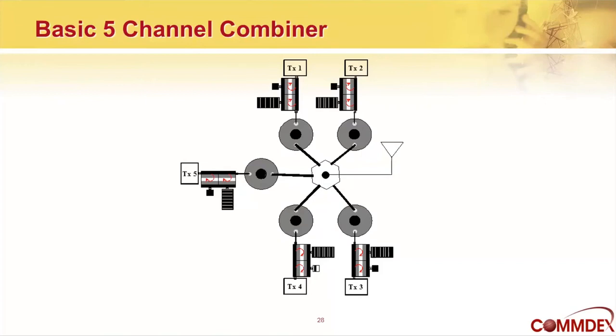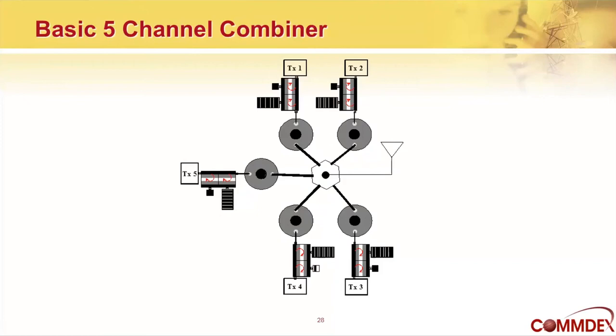If you go around the circle, we've got 5 transmitters. Each one has a dual stage isolator between the transmitter and a cavity. The purpose of the isolator, remember, is to isolate and remove any energy that might come back towards the transmitter to protect the transmitter. Then we also have a bandpass cavity.